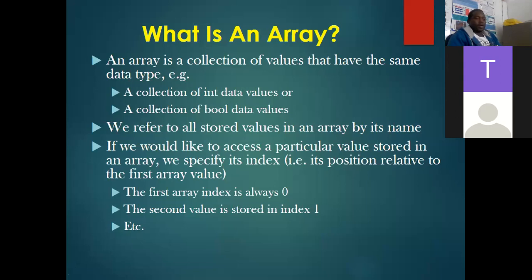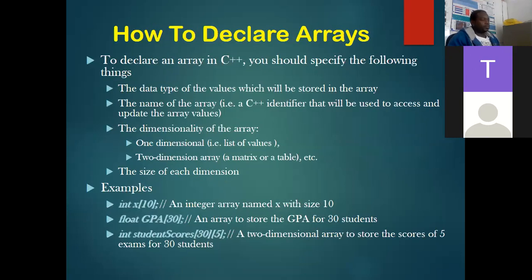That means if you are talking about everything in the array, you refer to it by the name. But then if you go to the elements of the array, then what it means is you refer to them using the index, where index number 0 will be pointing to the first element in the array. I think that is a revision.